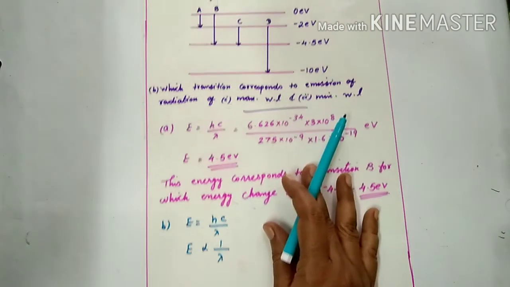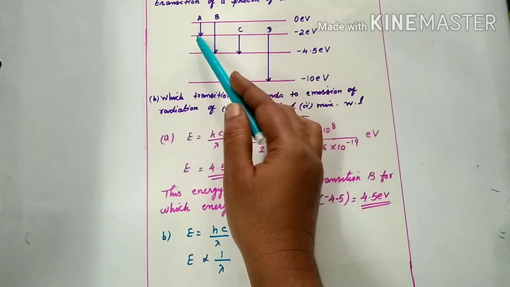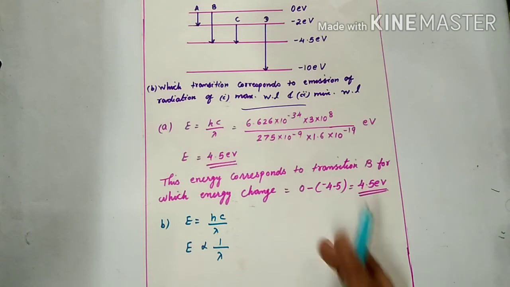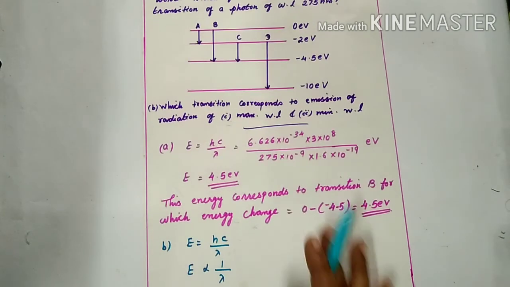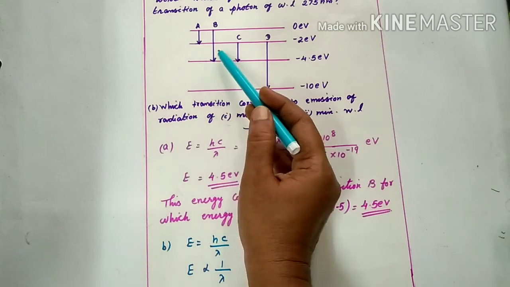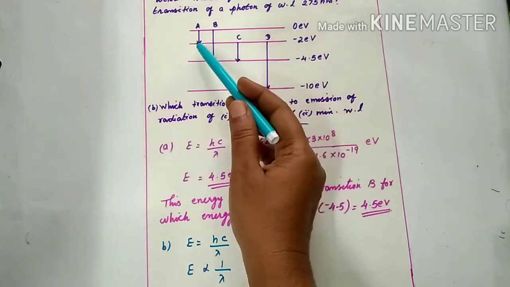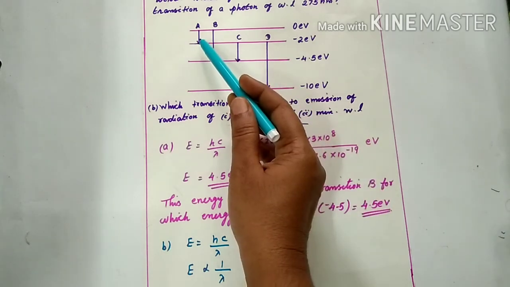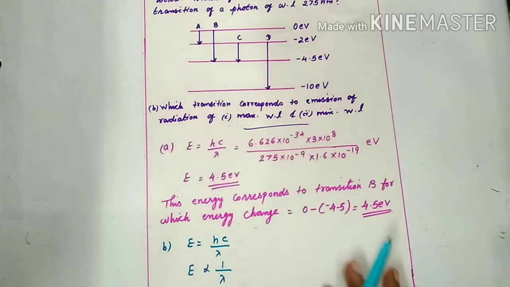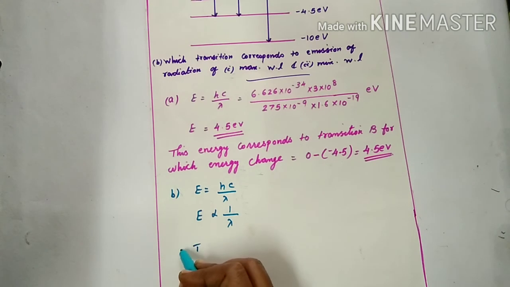When you find out the energy of transitions A, B, C and D, you will find that transition A has the minimum energy. So it has the maximum wavelength.